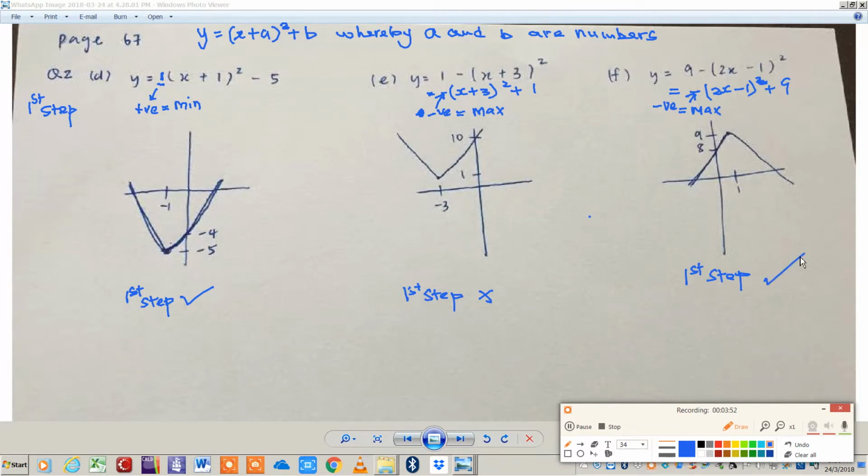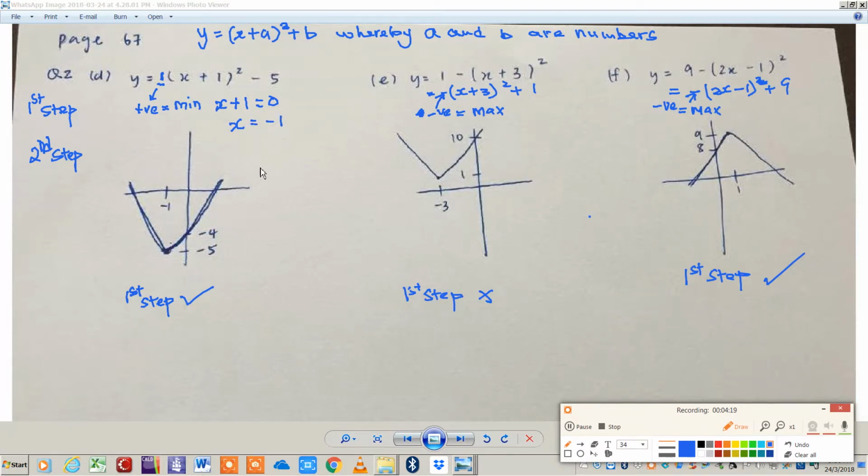Okay, now let's go for the second step. The second step is to look at the a and the b value. So from here, let's take whatever is inside the bracket first. x plus 1, put it equal to 0, so x becomes minus 1.